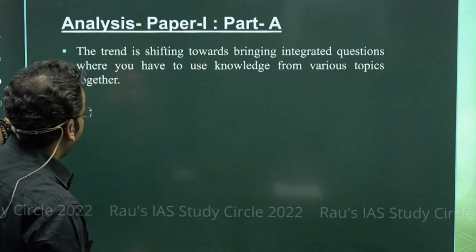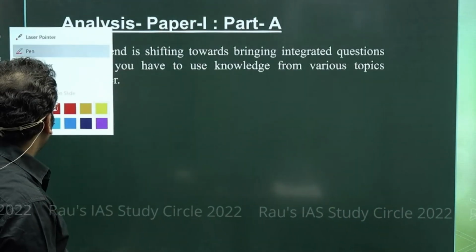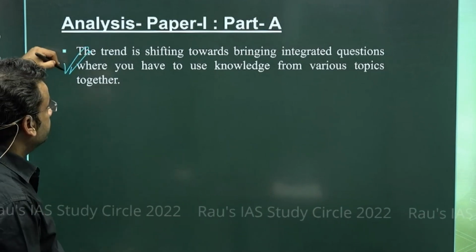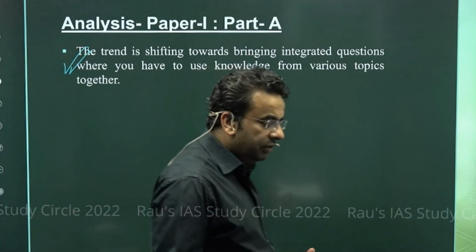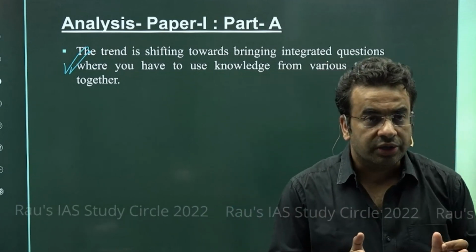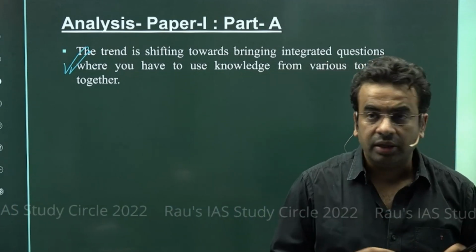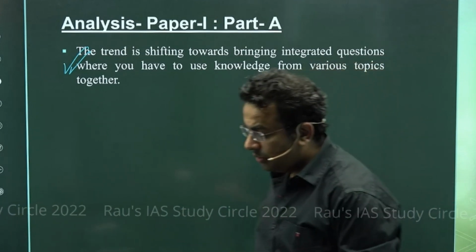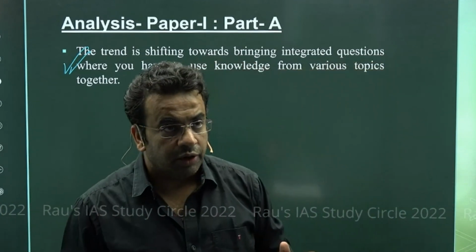Now, the first thing which I have come across is, as every year we can see the trend is shifting towards what? Integration. Rather than asking one particular thing, they are looking for integrated information.